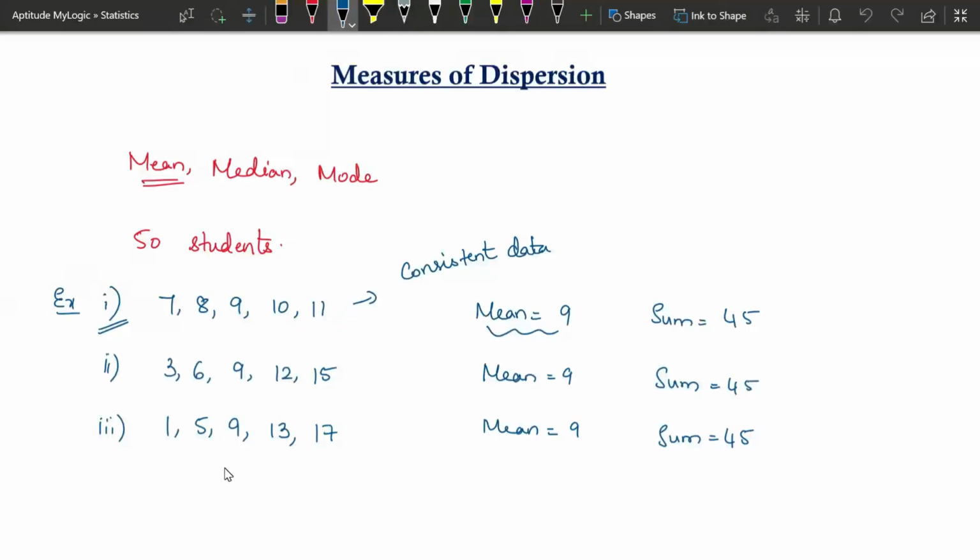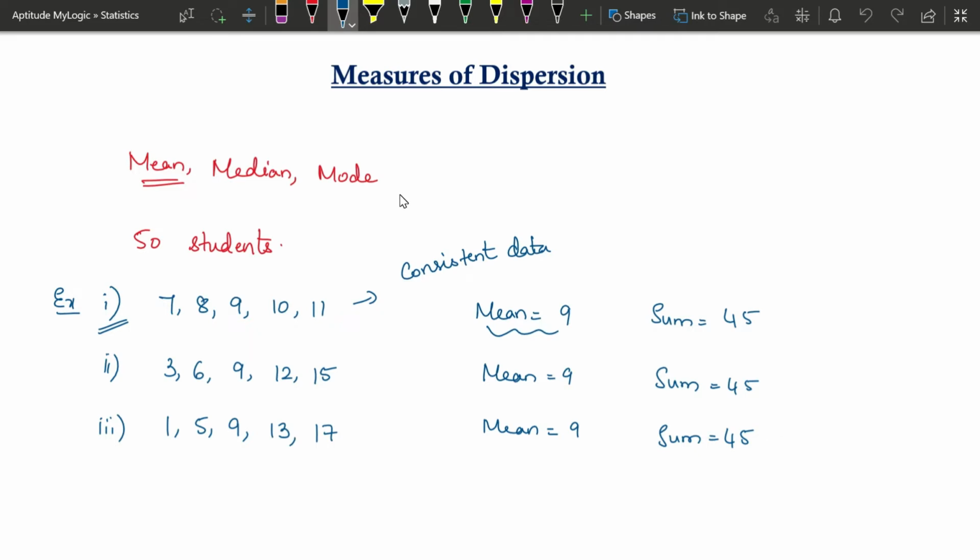So measures of central tendency sometimes will not be a very reliable measure for important business decisions or important calculations. It is difficult to rely only upon the central measures.